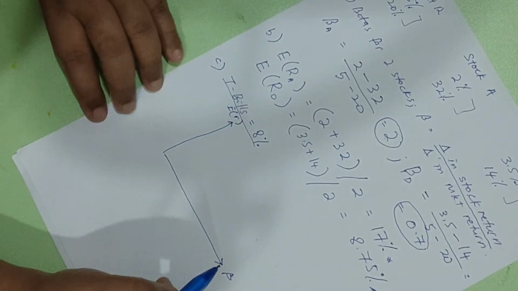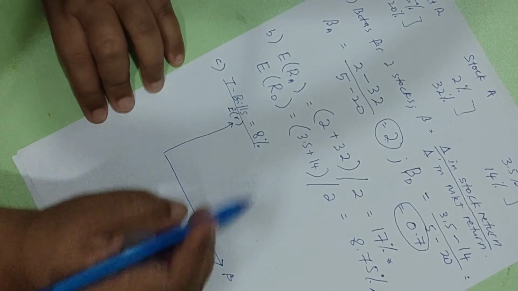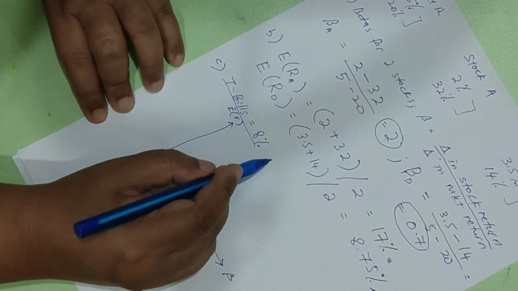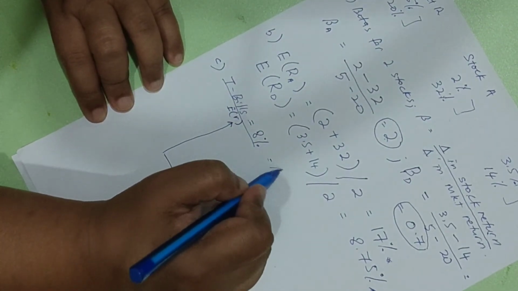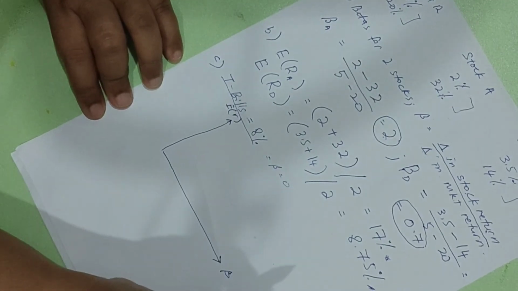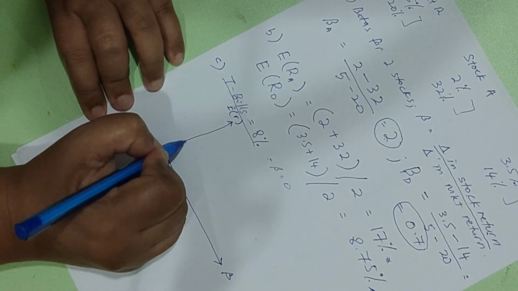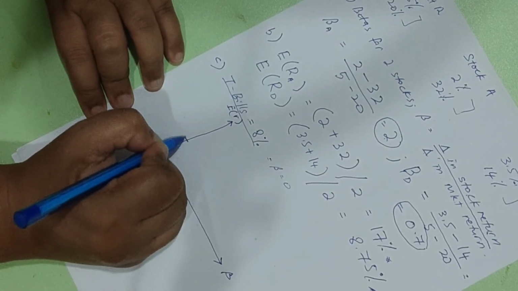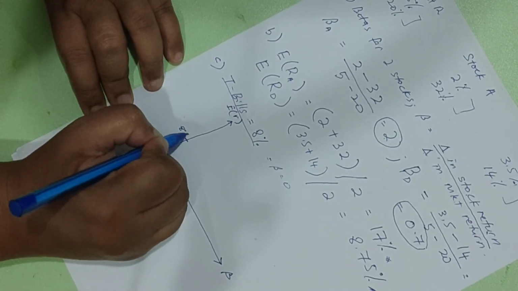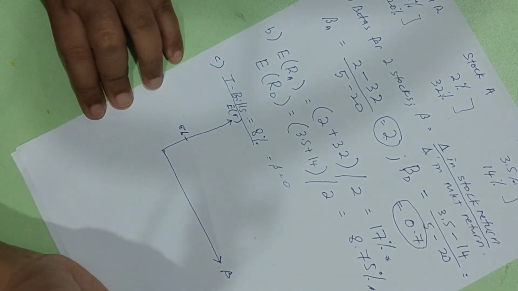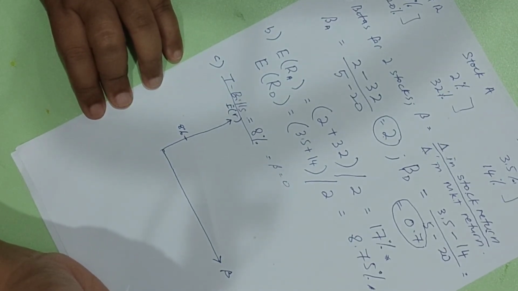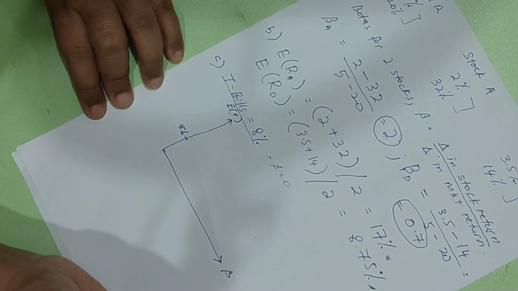Now you are given the T-bills rate. It means that the T-bills rate of 8% is equivalent to beta equal to 0 because it is risk free. So if beta is 0, for T-bills, let's put here 8%. Now you have another two points that you can get.